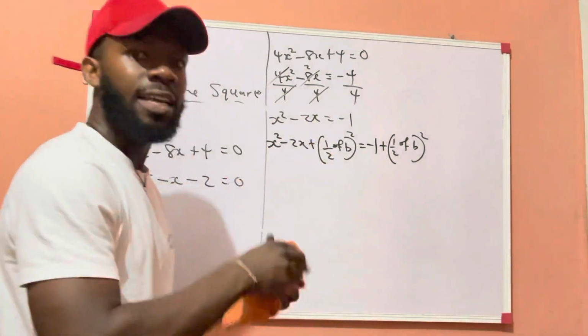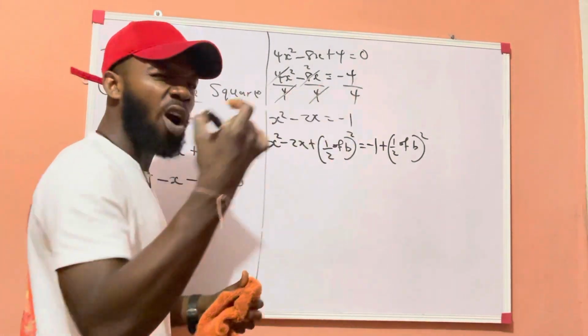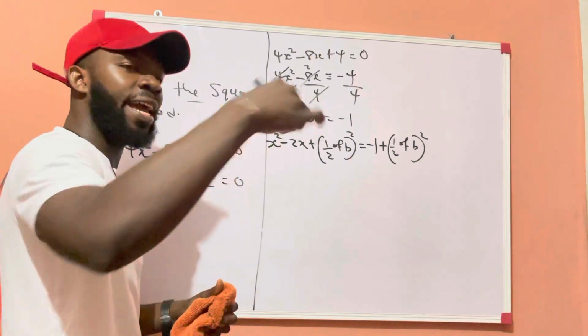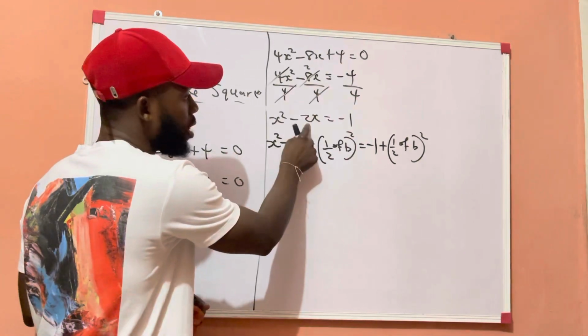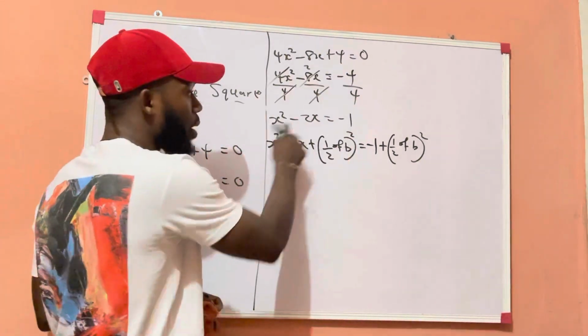Remember we said that b is the number that ordinary x is carrying and a is the number that x squared is carrying. Now, what is x carrying here? Minus 2. It means anywhere I see b, I will put minus 2.